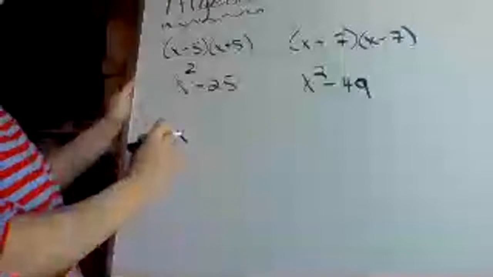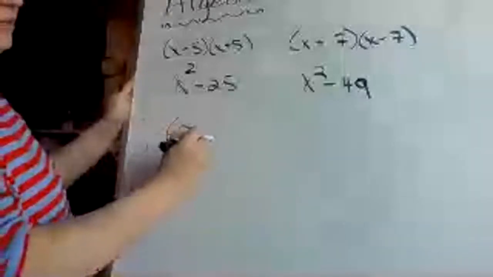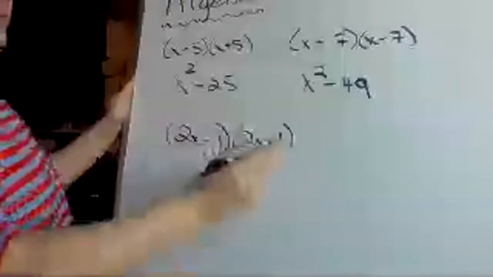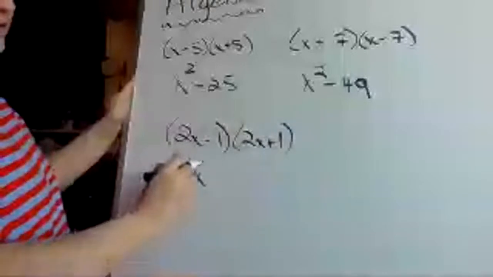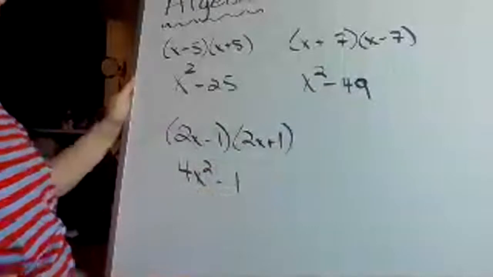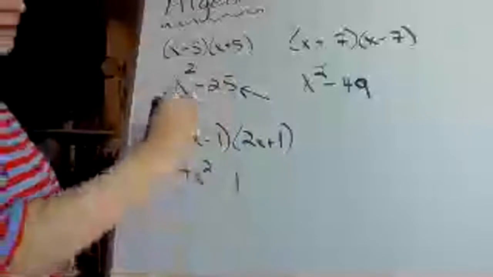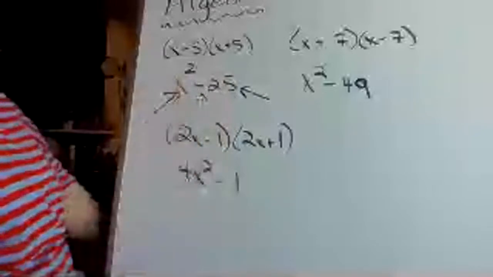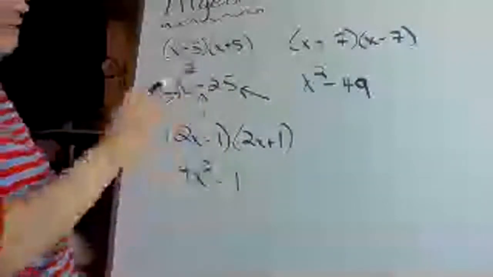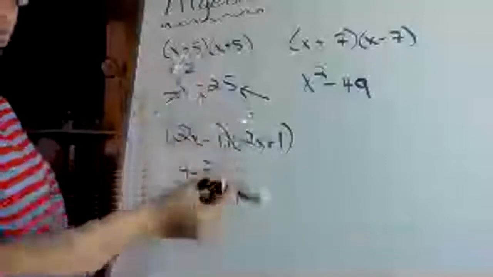Then I'm going to do 2x minus 1, 2x plus 1. I'm still squaring the first one, so that's 4x squared minus 1. So if we have the first one squared, the second one squared, and the middle is a negative, then it's the difference of two squares. So basically, you're taking the square root of this one, square root of this one, making one negative and one positive.